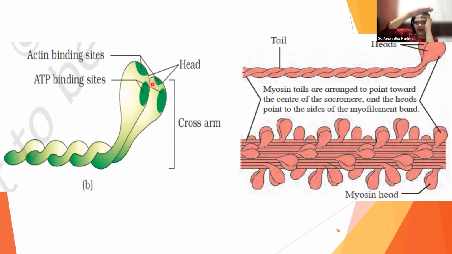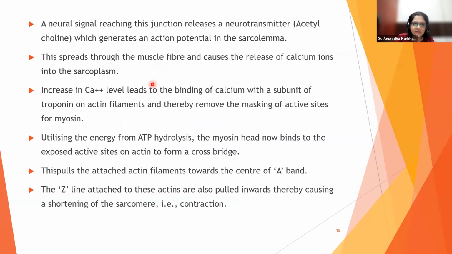Now this particular head will get connected to this particular actin. Got it? What has happened? Understood? So what was like this became like this, and they'll form a cross bridge. So what is a cross bridge, beta? Cross bridge is nothing but attachment of the myosin head with the actin filaments. Got it? Understood what has happened? Huh?